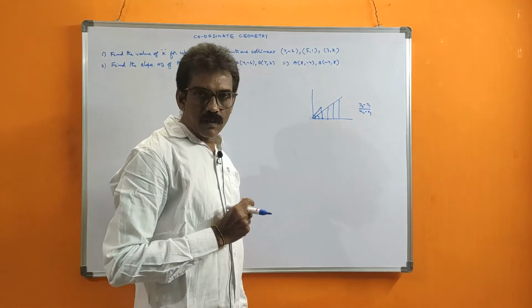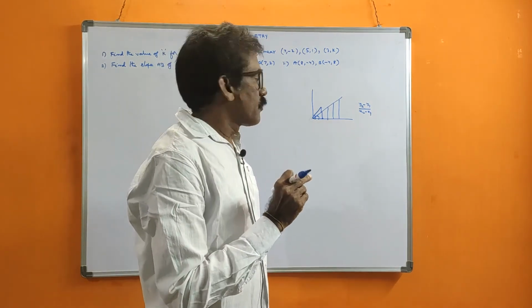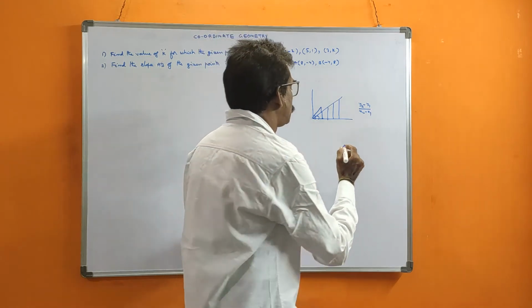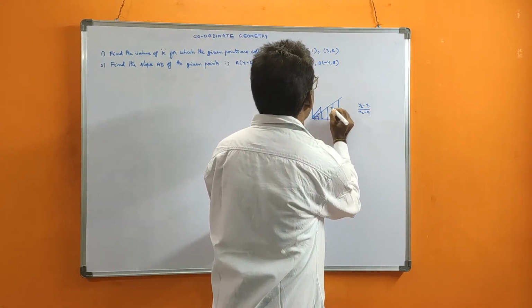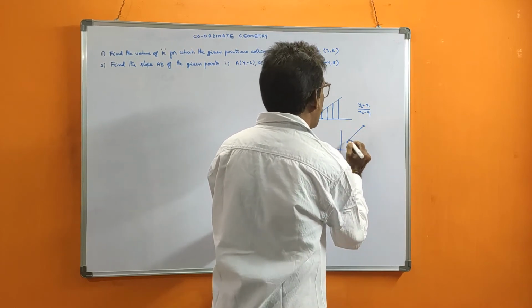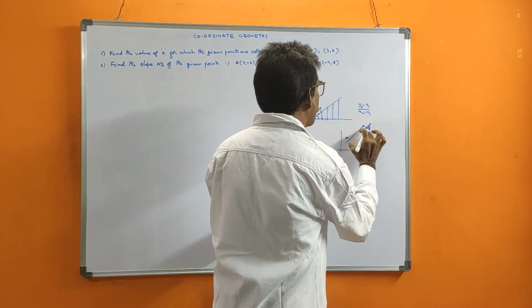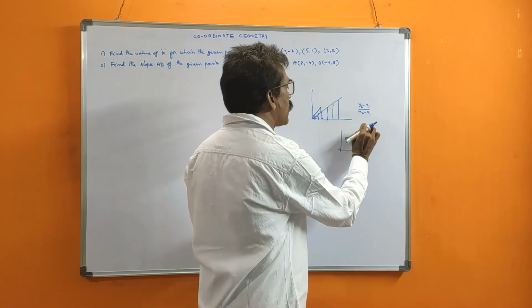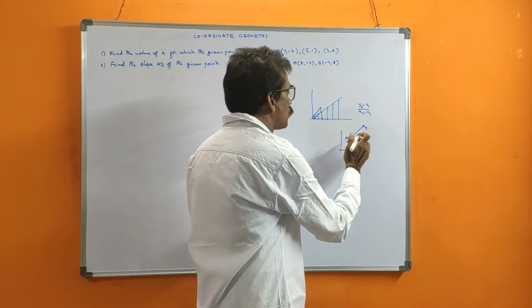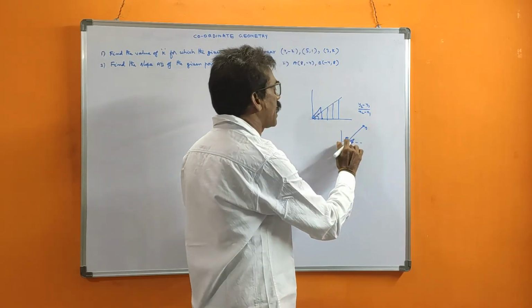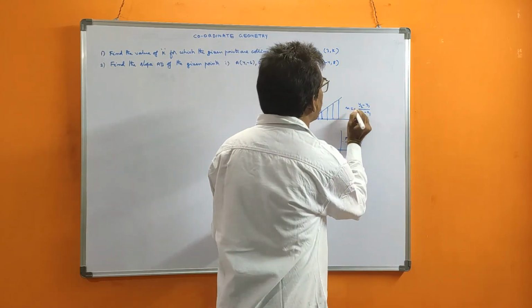For 2 points, we find the slope. See, if a line is there and its slope is asked, then for this line there are 2 points anyway, and only then it is a straight line. So x1 y1 and x2 y2. To find how much slope it is having, that is denoted by the letter m.